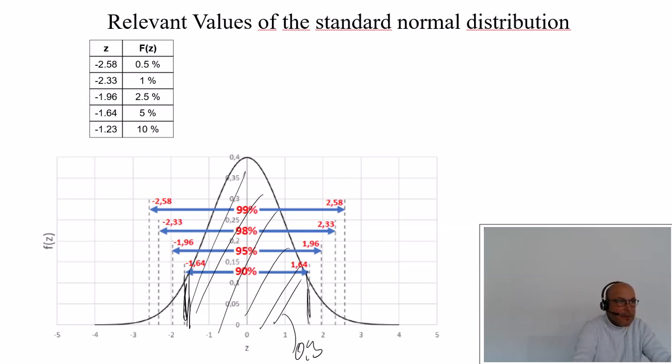If this area should be 95%, and this is maybe the most often used number, actually Fisher, a very famous statistician at the beginning of the 20th century, just used this 5%.